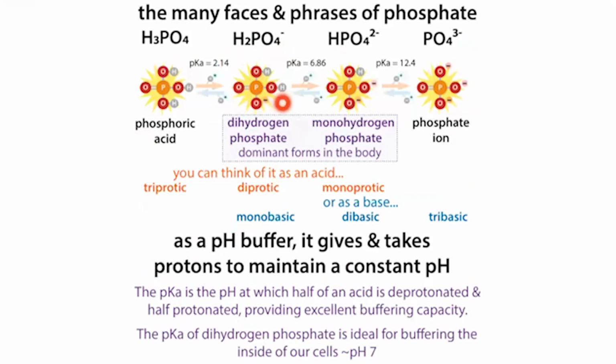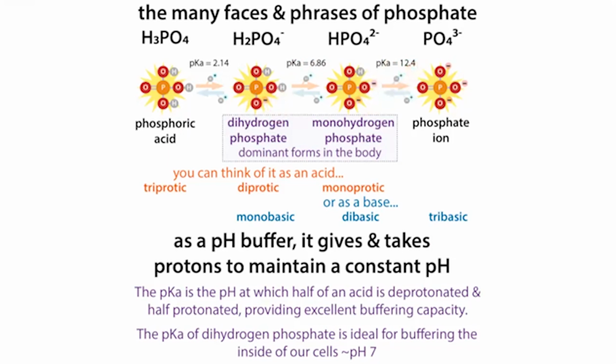But remember that this is going to be the conjugate acid form of this reaction. So dihydrogen phosphate is the conjugate acid of monohydrogen phosphate, but it is the conjugate base of phosphoric acid. We don't really need to worry about the phosphoric acid because it's almost always going to deprotonate to give us this dihydrogen phosphate. Okay, so now what about this monohydrogen phosphate? Remember, this is the conjugate base of dihydrogen phosphate. Now it has a pKa of 12.4.